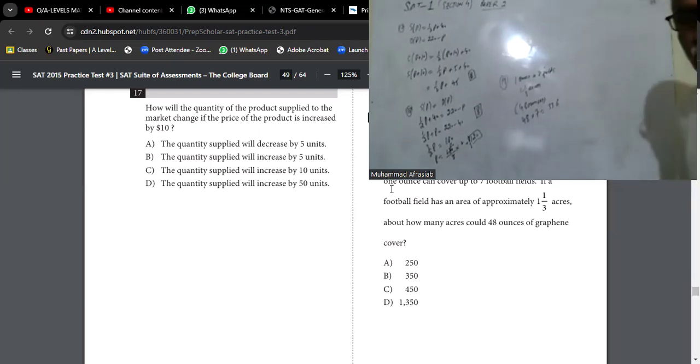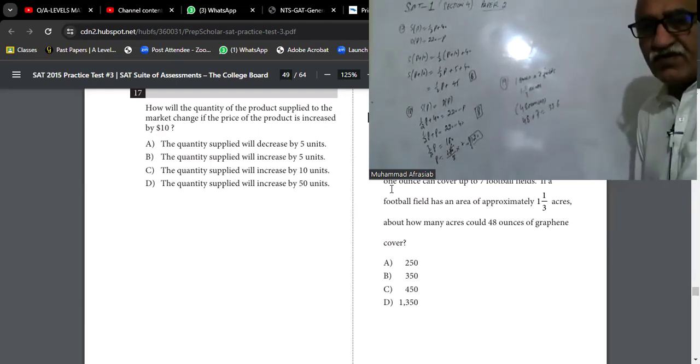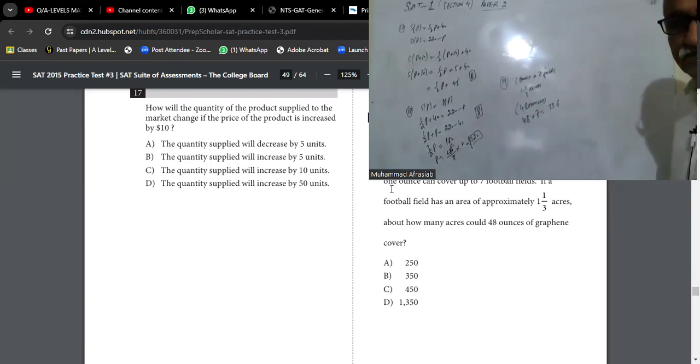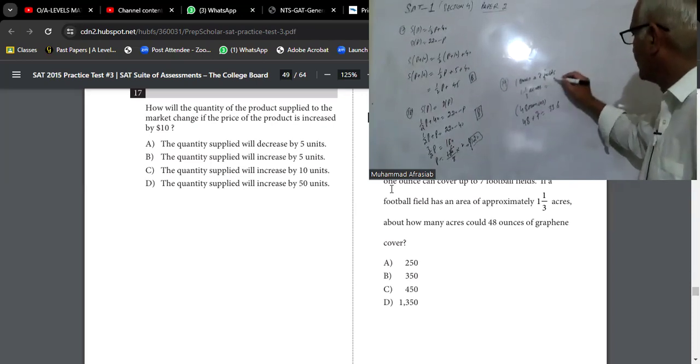And now, how many acres to cover this one and 1/3 acres for each? So this is equal to 4/3 acres.